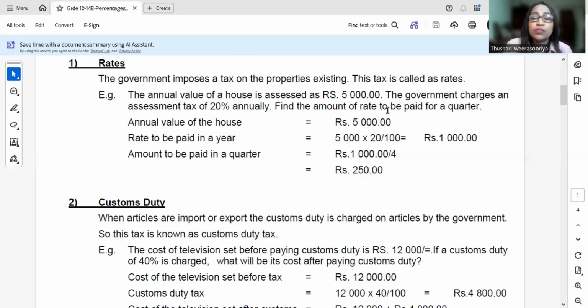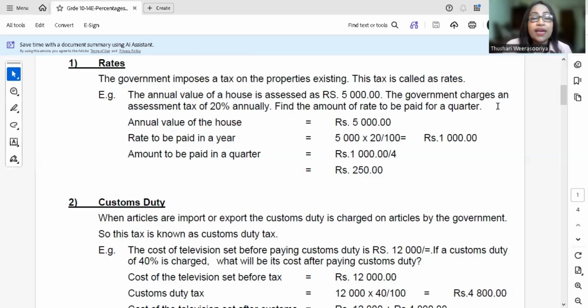If you have a small house, the annual value is small. So when you have 2-story, 3-story, the value will go up, right? The government thinks that those people have a lot of money, right? They give a big annual value for those houses, right? Now in this house, 5,000 is the annual value.